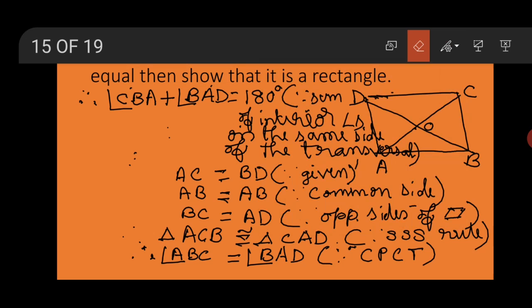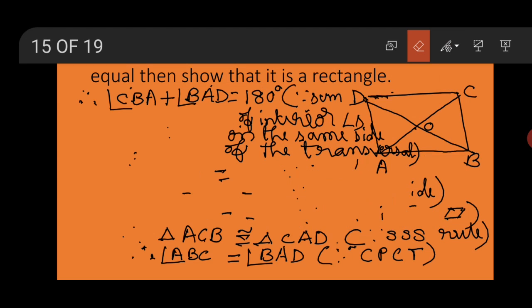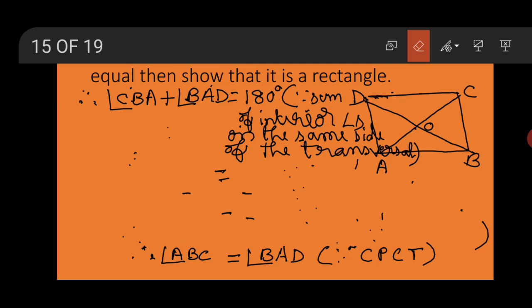Now the two angles are equal and their sum is equal to 180 degrees. Take this as equation number 1 and this as equation number 2.